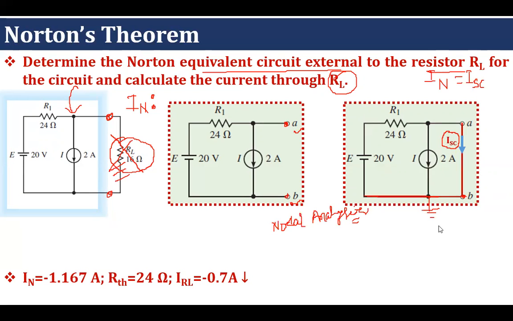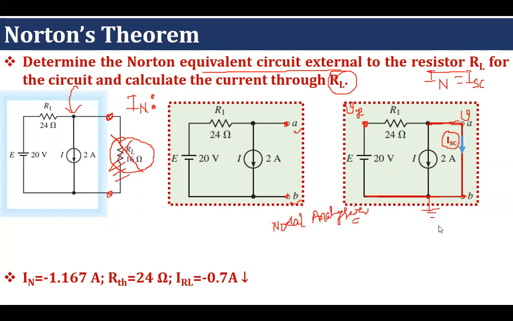Then set the name of the terminals. Here A has already been given as the name of this terminal. Now I am giving the name of this node as X, and the associated voltage will be Vx. The name of this node is A, and the associated voltage will be Va.